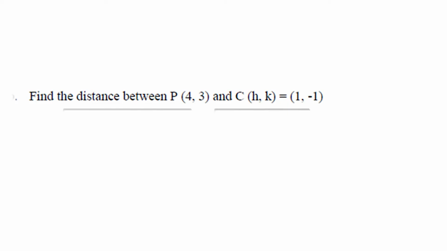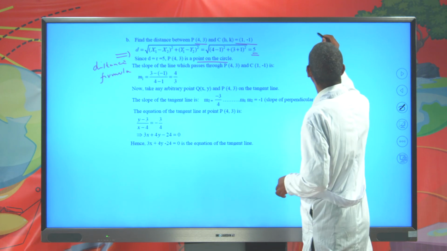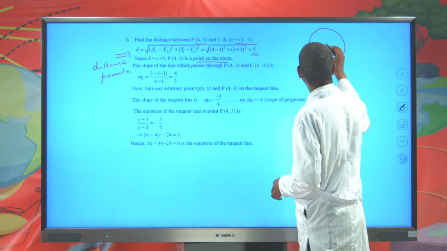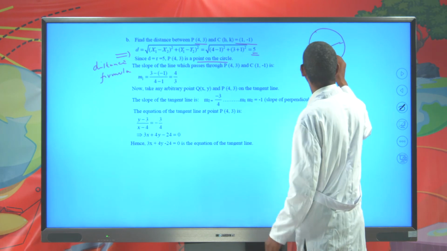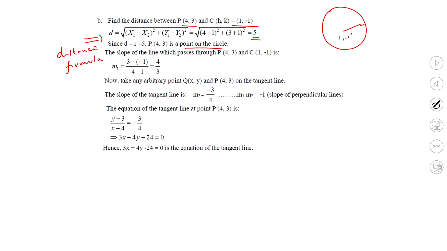The center is (1, -1), and the point is (4, 3). Using these, let's find the gradient, meaning the slope, of the line. So here we have the circle, with center (1, -1) and the other point (4, 3). As I mentioned before, this is not the exact location of the point.